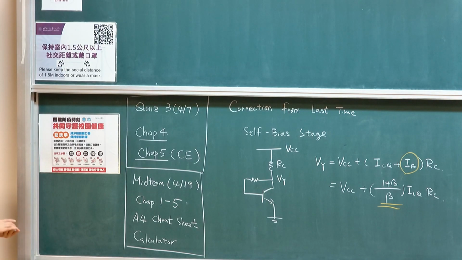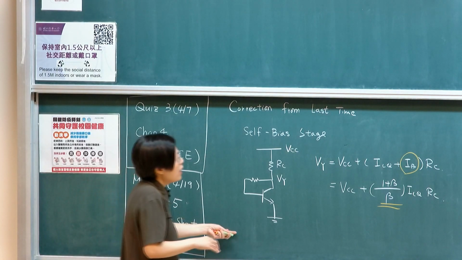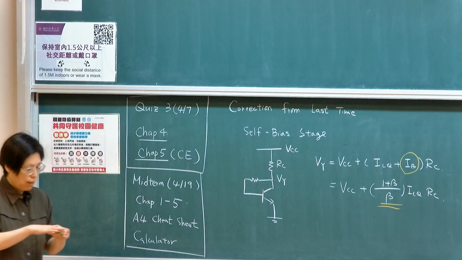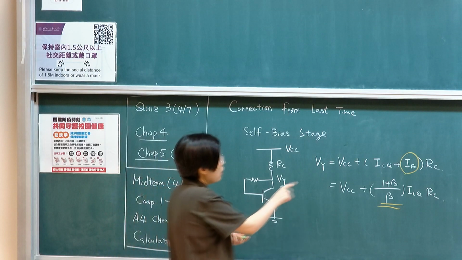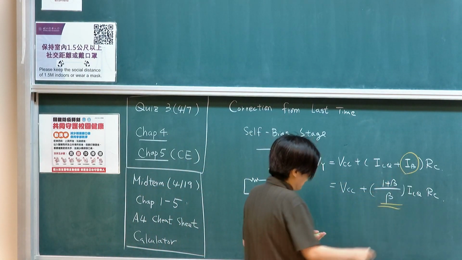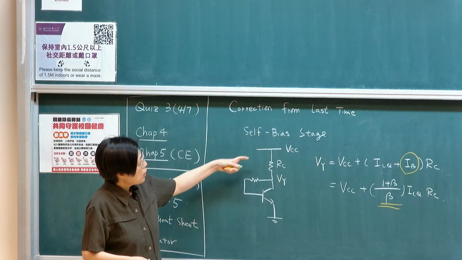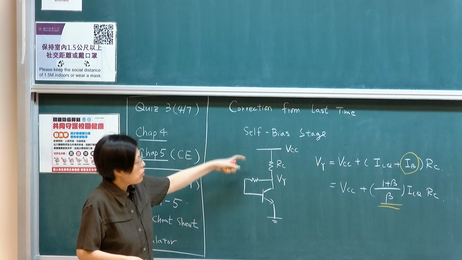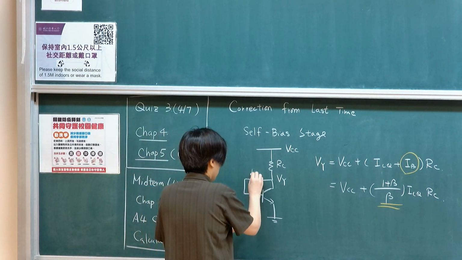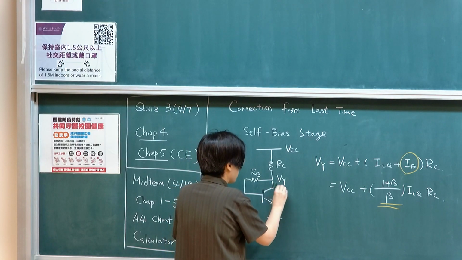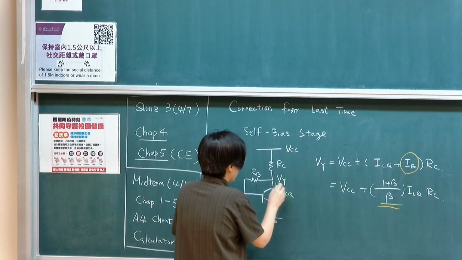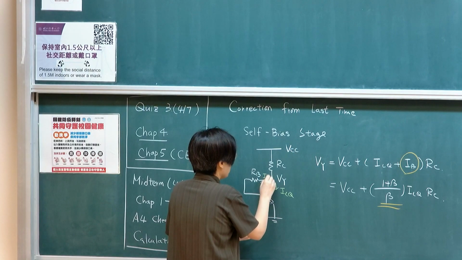Okay, so before I actually start on today's topics, I want to make a correction. I made a mistake by ignoring the base current. On the self-bias stage, we have this RB. The current we want to find is ICQ, and this is the base current.